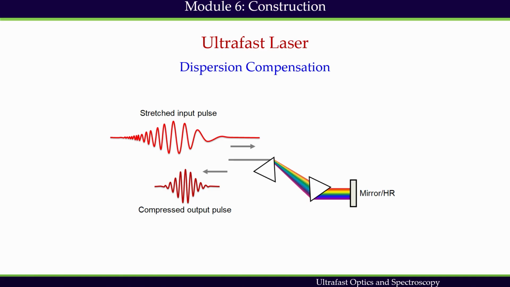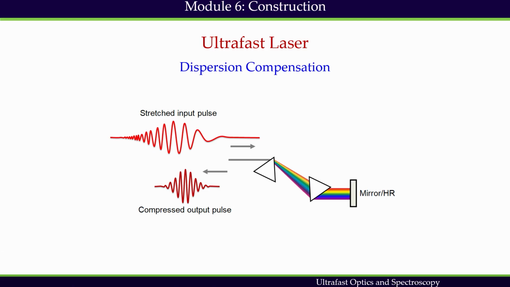But in spite of having many longitudinal modes, we need a mode locking technique to produce an ultrafast pulse. And the last component which we need is dispersion compensation.